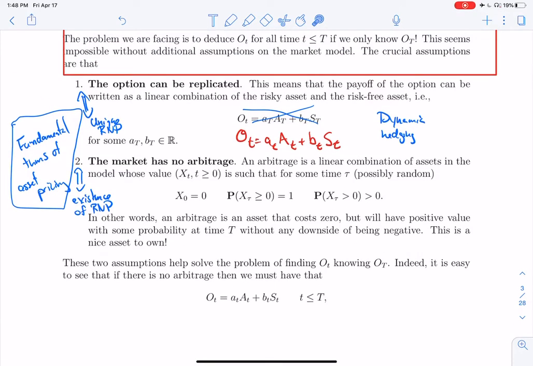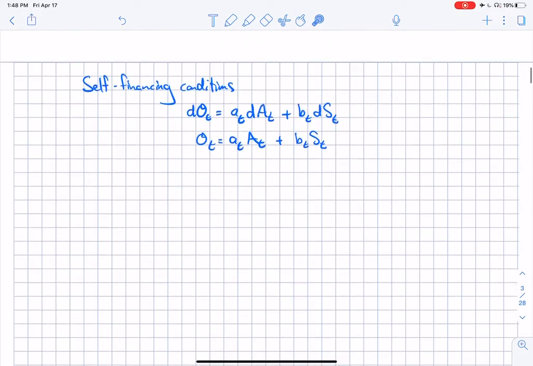There's another assumption that I should add that is not in the notes: we need the self-financing condition. The self-financing condition is the fact that the variation of the price of your option, in a small time, is not due to the change in the portfolio, but simply due to the change of value in the risk-free asset or the risky asset.